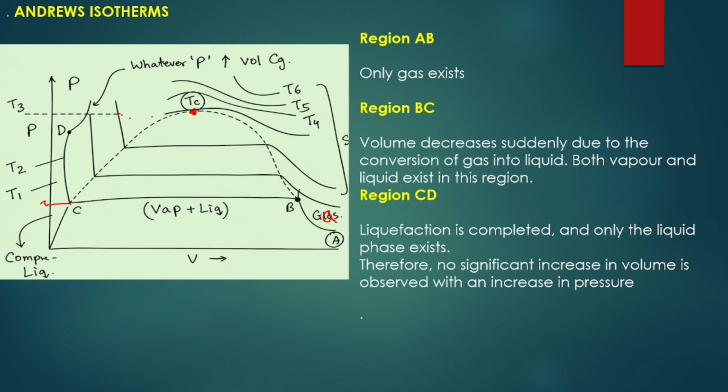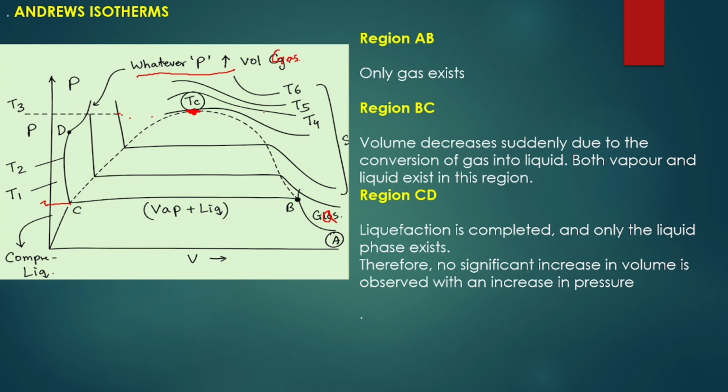Whatever the pressure you may apply, beyond this temperature the gas cannot be liquefied. Whatever the pressure increases, the volume of gas is not changing at all. T4, T5, T6, all those temperatures do not come under the liquid state.